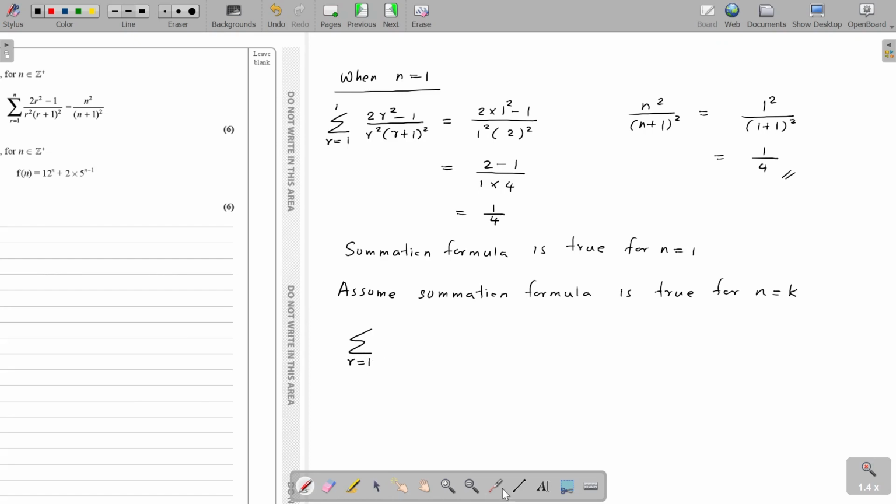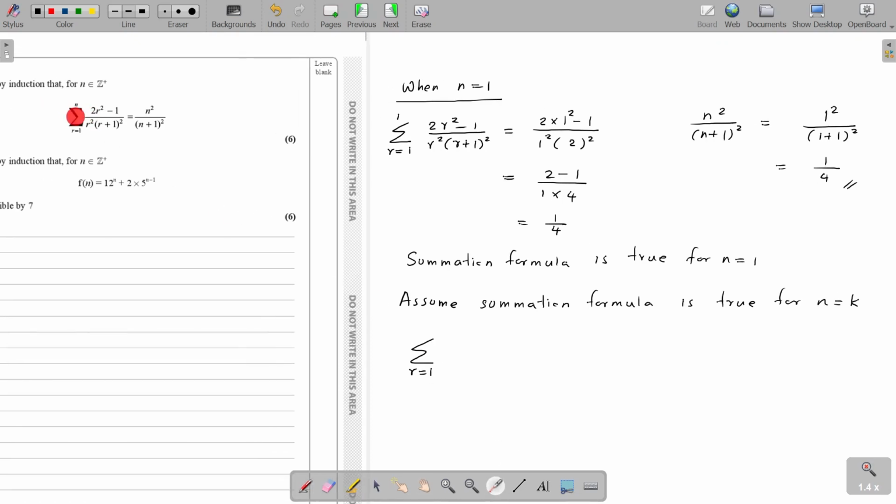Can you see? Instead of going to 1, we go from 1 to k because n is k. So that means you take the sum of the first k terms, (2r square minus 1) over (r square times (r plus 1) square), is equal to what? We assume the summation of the first k terms is given by k square over k plus 1 square, using k instead of n.